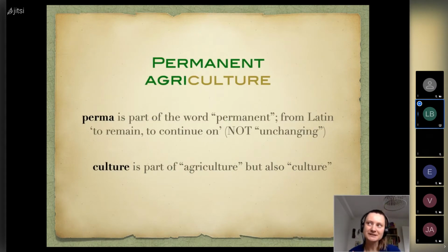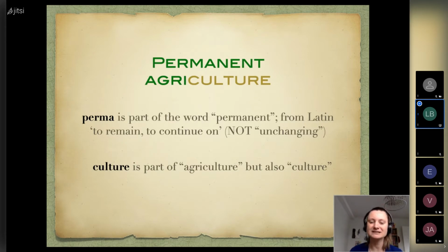So as I mentioned, permaculture is a contraction of permanent and agriculture, but over time it's really become a contraction of permanent and culture, because agriculture is a part of a larger human culture, and that's how it's understood these days. And I just wanted to reiterate too that perma is part of the word permanent, but in Latin that means to remain or to continue on.